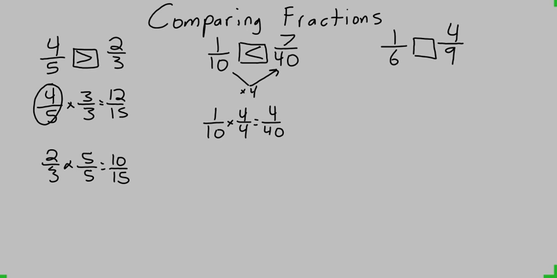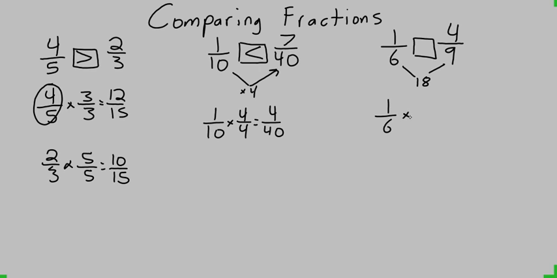All right, so that leaves our last one, which means there is a shortcut on this one. Now, if you didn't see the shortcut, that's okay. You can still complete it just by multiplying 1/6 by 9 over 9 and 4/9 by 6 over 6. But we should also know that 6 and 9 both go into 18.